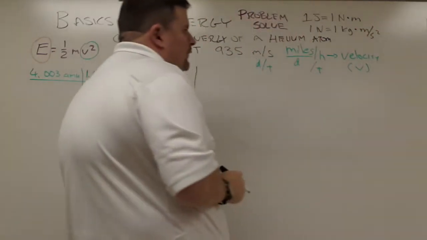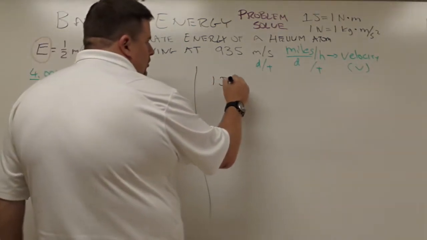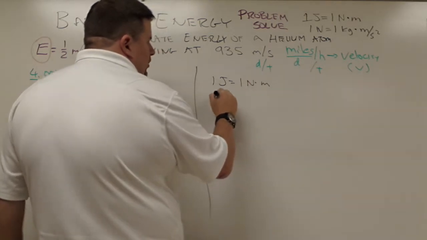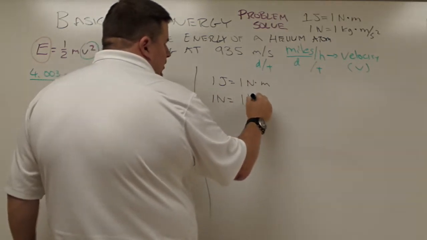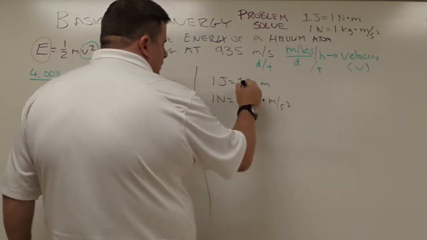Okay. So let me write this down here. 1 joule is equal to 1 Newton times meter, okay? 1 Newton is equal to 1 kilogram times meter per second squared.